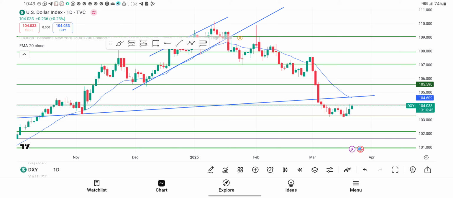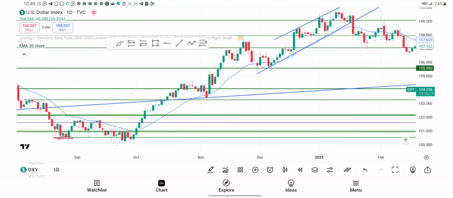So yes, we are in an uptrend, but ever since this particular level was lost, we've seen the DXY slope down. Right now, the DXY is currently at this level, and something interesting caught my attention. You want to know where I got that level from?